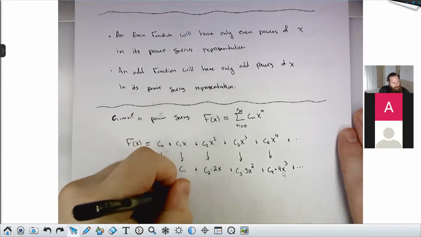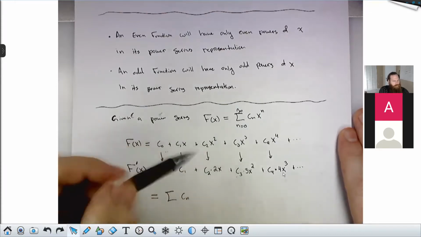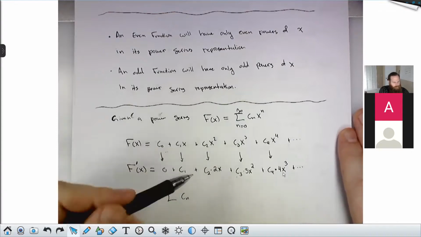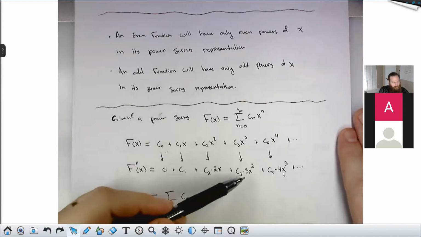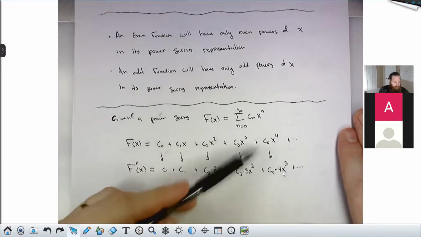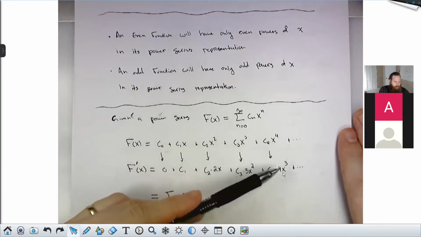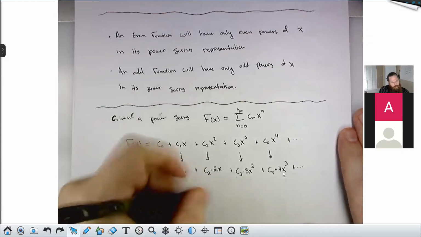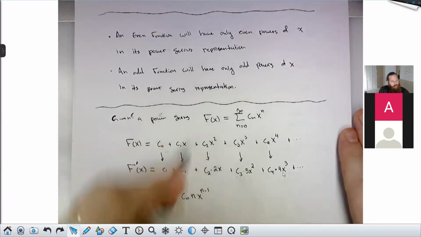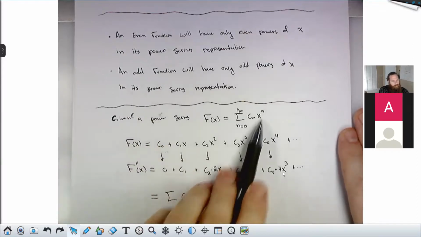I have here my Cn, and then instead of C2x squared, I have C2 times 2x. Instead of C3 times x cubed, I have C3 times 3x squared. Instead of C4 times x to the 4, I have C4 times 4x cubed. The pattern here is that you have Cn times n x to the n minus 1. You just differentiate the x to the n piece.